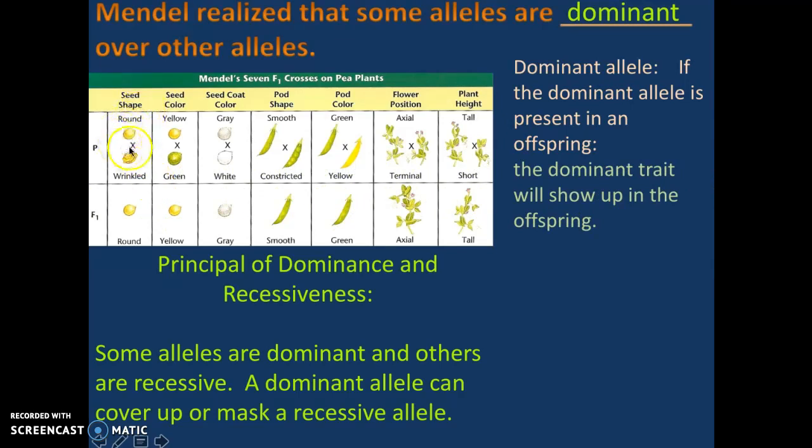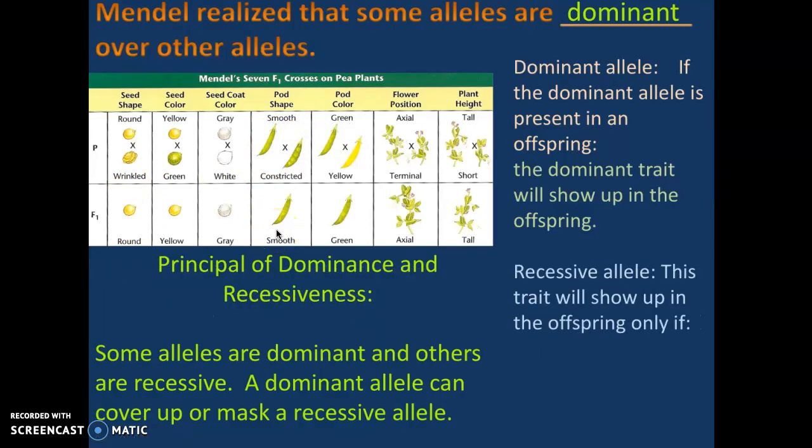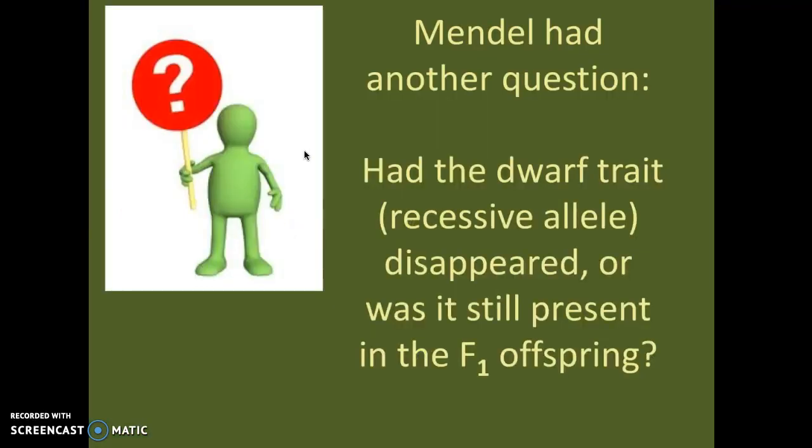If there is a round seed anywhere in there, that offspring is going to have round seeds. If it is smooth pod, all of the offspring are going to be smooth. With recessive alleles, this is only going to show up if there is not a dominant allele present. The only way that you're going to get this constricted is that if there is no smooth anywhere in there.